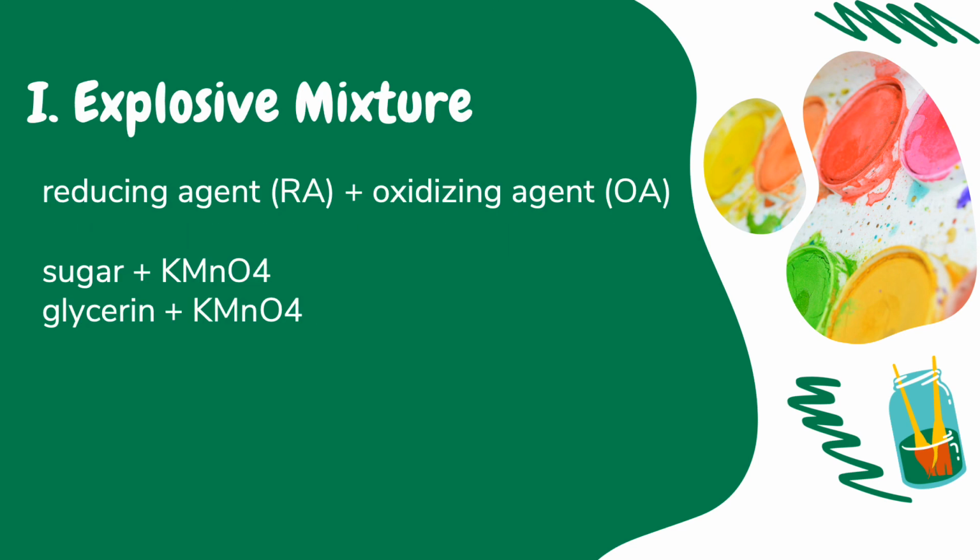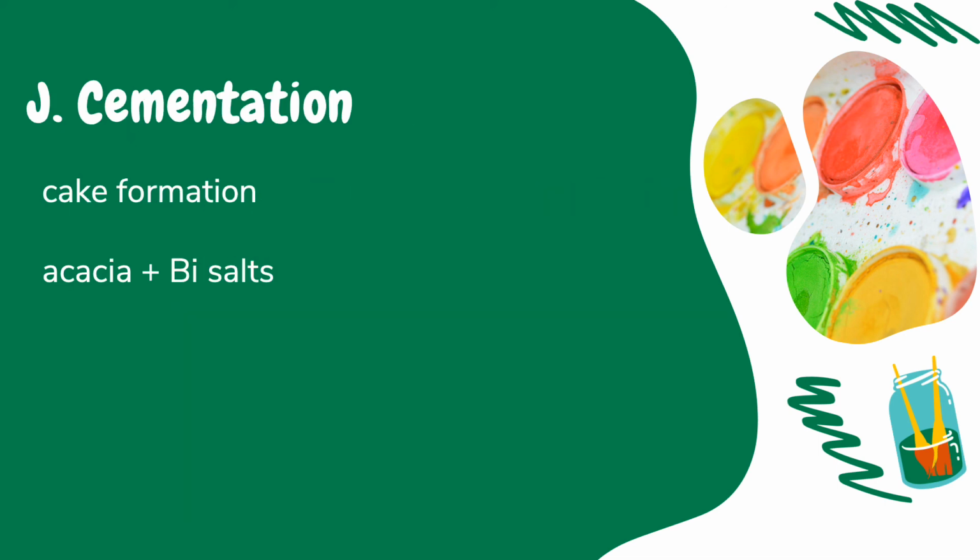Next one is explosive mixture: a reducing agent and an oxidizing agent, when combined together, form an explosive mixture. Specific examples are sugar and potassium permanganate, glycerin and potassium permanganate. Next is cementation. Cementation is the formation of a cake from acacia and bismuth salt.